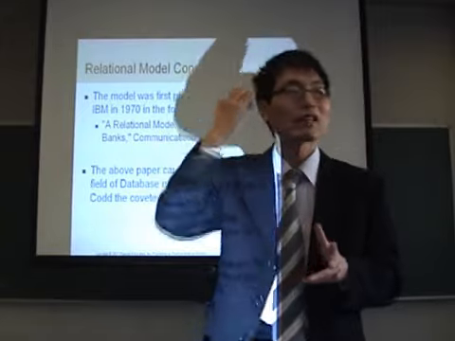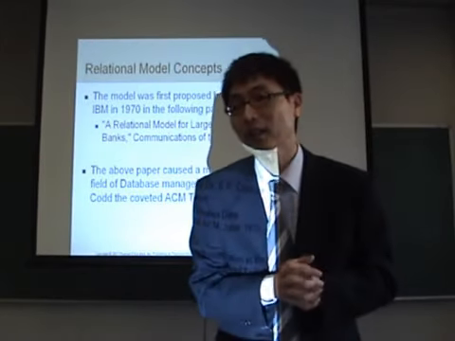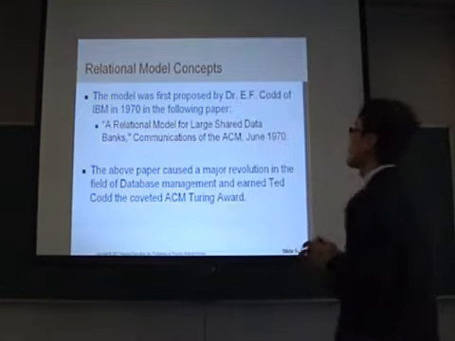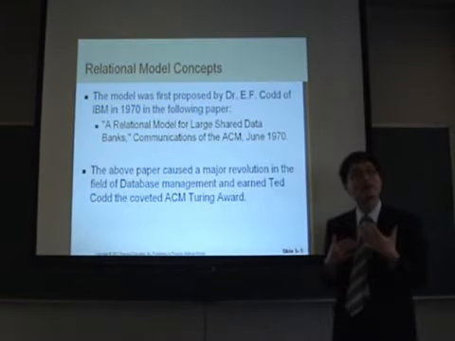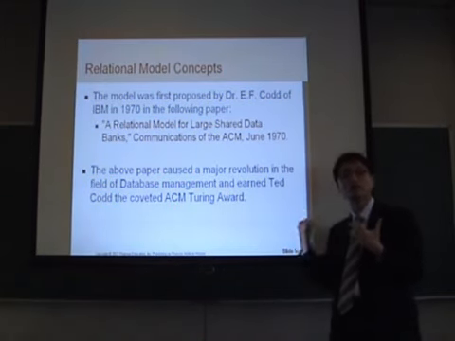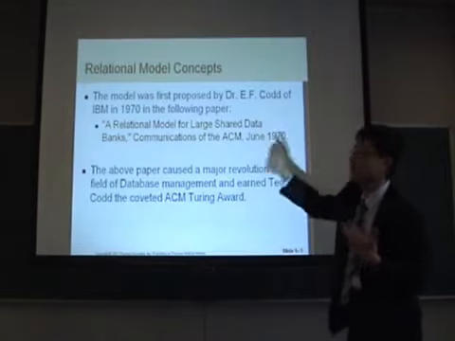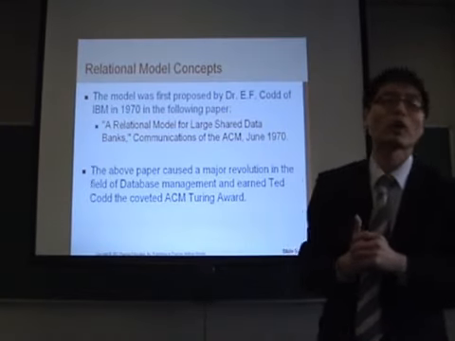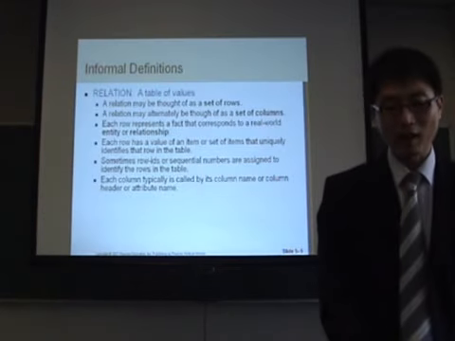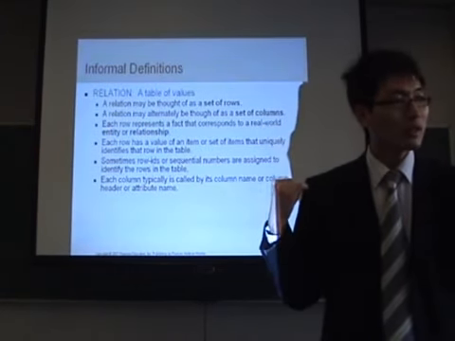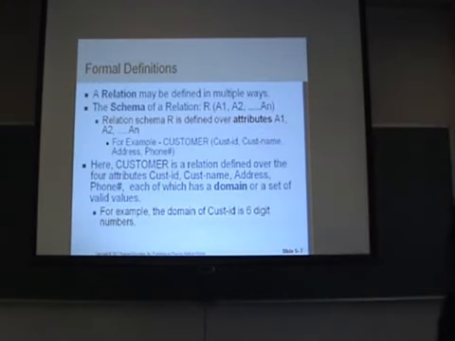The network model, not sure, but somebody said it's not very good at representing complicated ones. So he thought about the set theory that I explained. Why don't we adapt the idea of set theory to the database model? That is the paper. It's one of the best papers in computer science. At that time, he used the formal definition of the relation, his model.